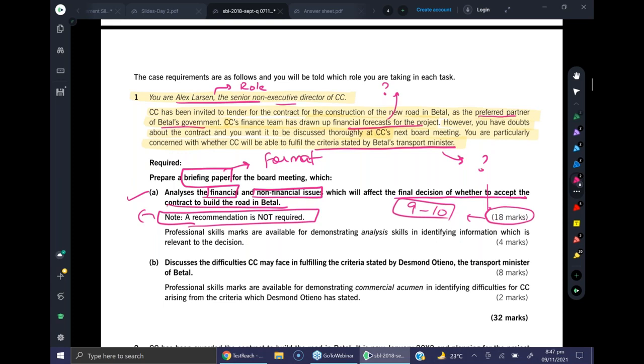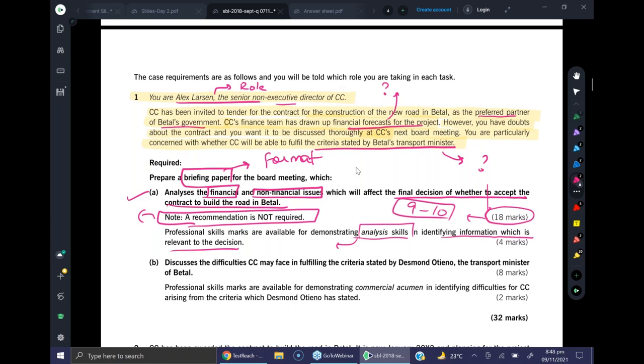Okay, professional skills marks, they will be spread throughout the 100 marks, the 20 total marks. So professional skills marks here for this requirement are available for analysis skills in identifying information which is relevant to the decision. So maybe I'm going to be using multiple exhibits. Maybe I will be explaining my points with proper reason.